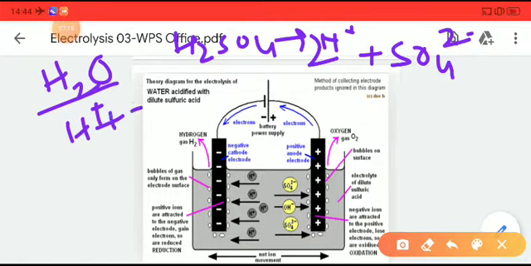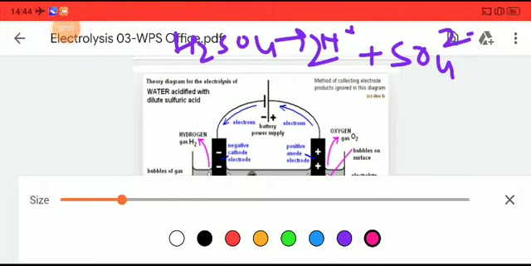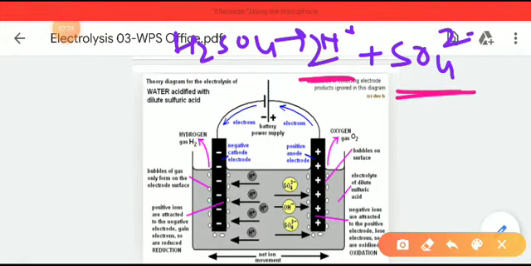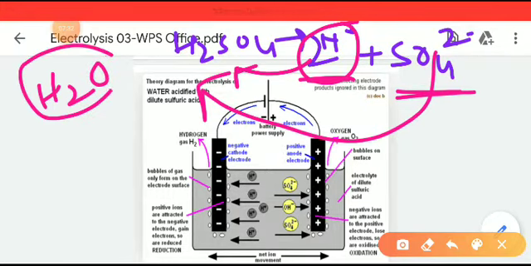Okay, so here mainly these two ions will be there, that is H plus and SO4 2 minus. This H plus is from H2SO4 as well as this SO4 also is from H2SO4, because H2O is not a strong electrolyte, it will not ionize. That is why only H plus and SO4 2 minus will be present in that solution.